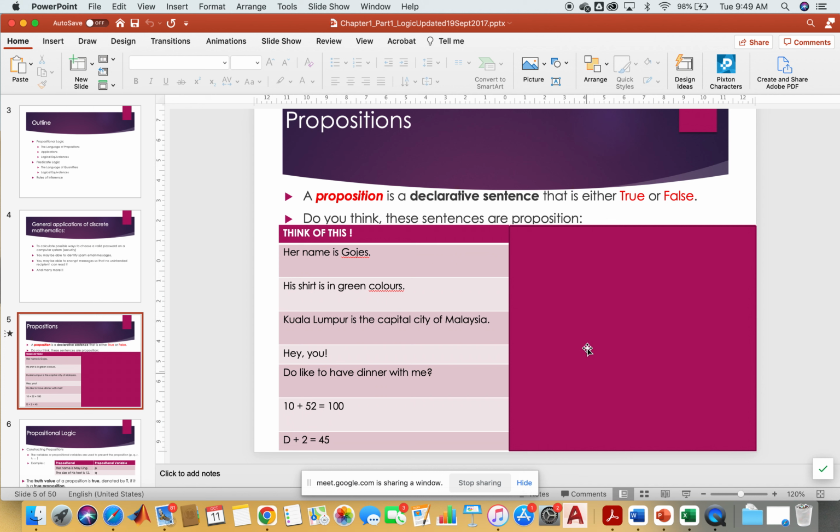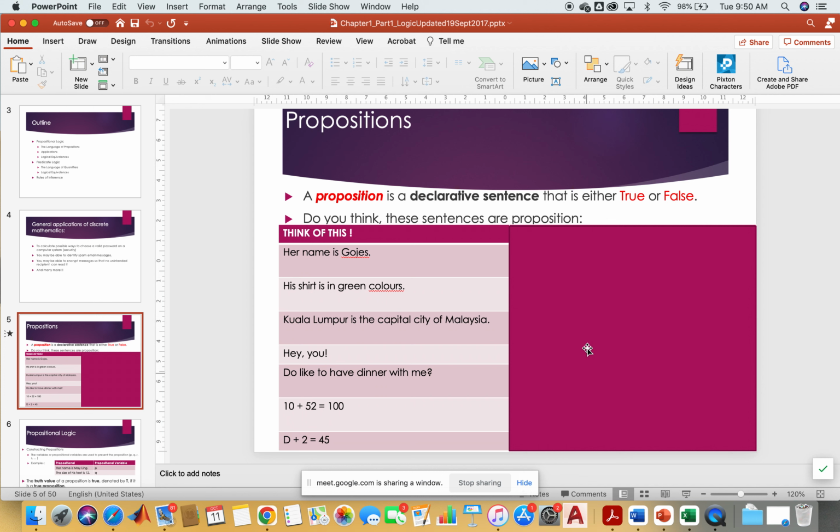This one can be a proposition if we know the value of D. But if you do not know the value of D, then this one eventually will not be a statement or proposition. Clear so far?